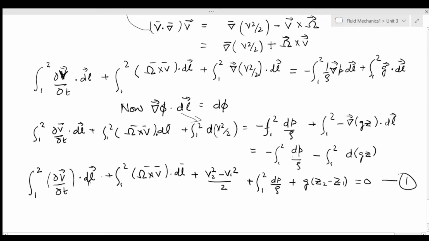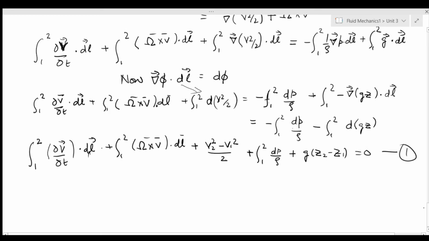Although we have gone through some mathematical labor and pain, look what we got. This is a general equation in its most general form, where we have only assumed inviscid flow, nothing else.